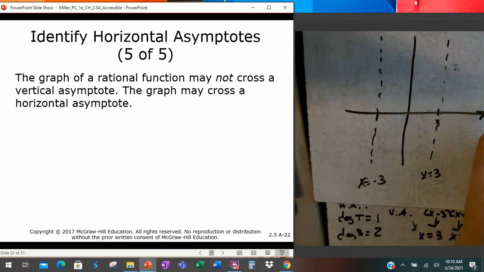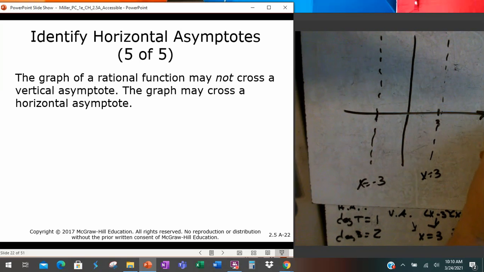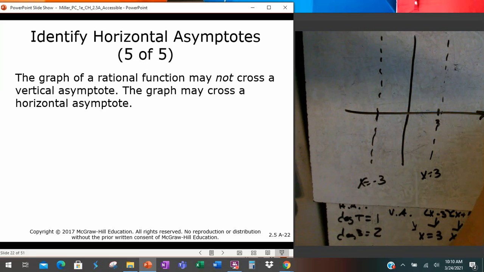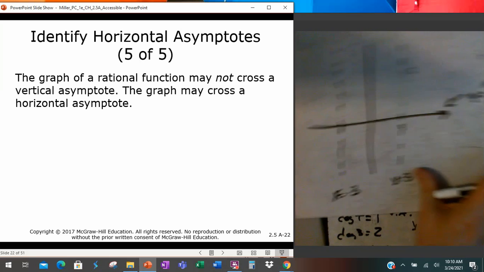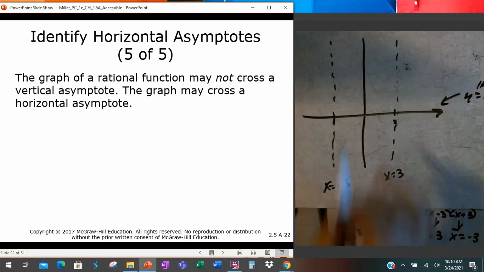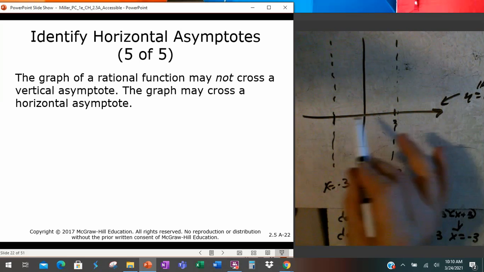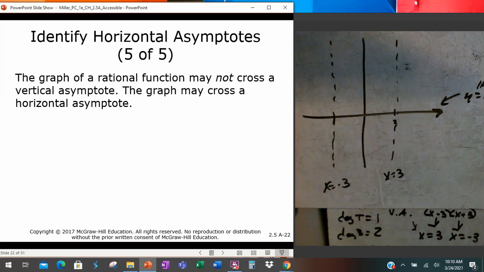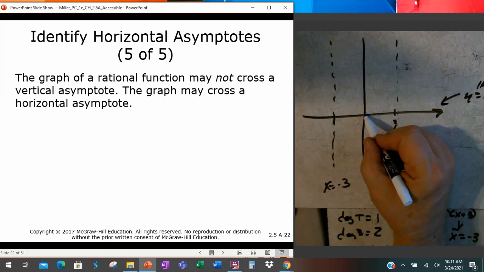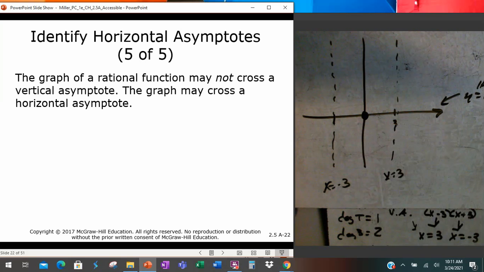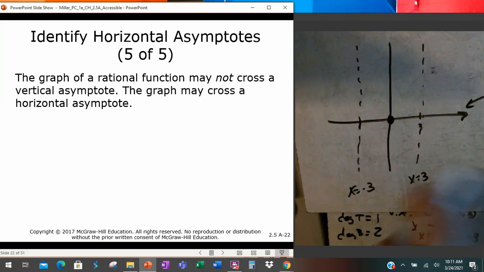I'm going to do my horizontal asymptote. y is equal to 0 is my horizontal asymptote. Let me slide this over. Sorry, I just labeled that. If I'd had an actual line, I'd have put it dashed over. This one doesn't show up as a dashed line, but that y equals 0 is my horizontal asymptote. Okay. My x-intercept, y-intercept just happens to be right there. Okay. So I've got some information.